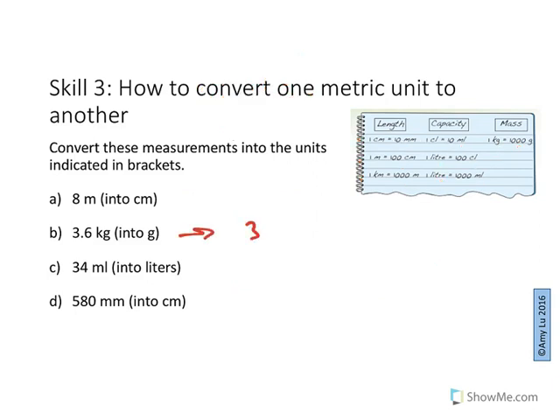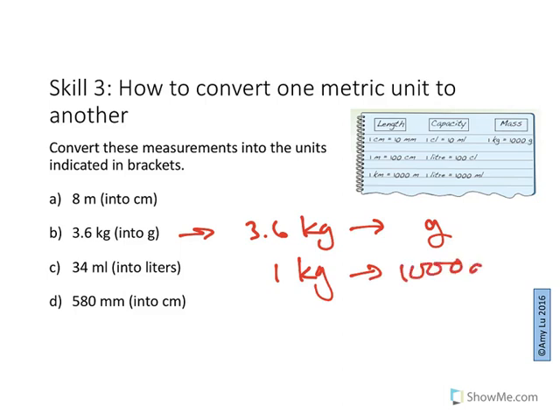So this one, 3.6 kilograms into grams. I know that in 1 kilogram, I have 1,000 grams. So in 3 kilograms, I'm going to have 3,000 grams because I multiplied by 3. So I have 0.6.